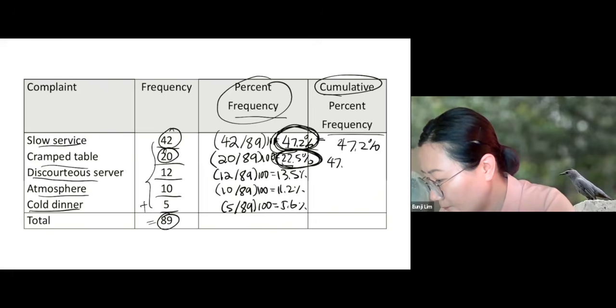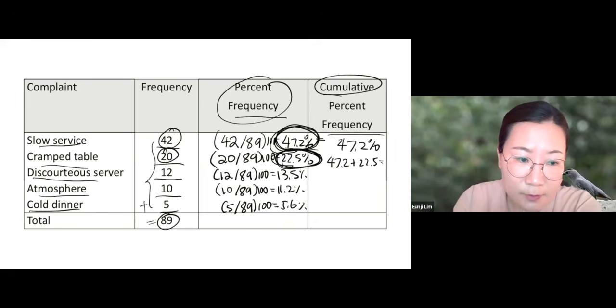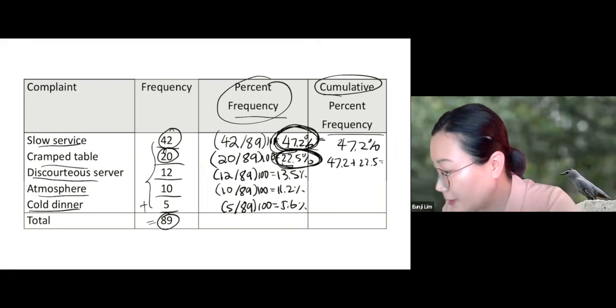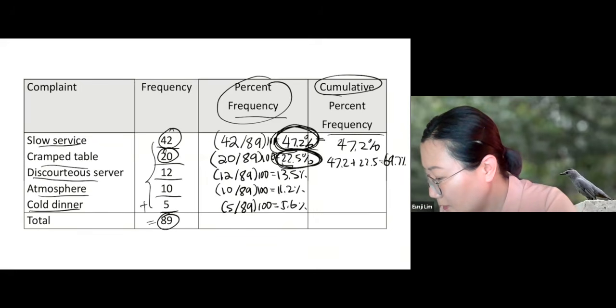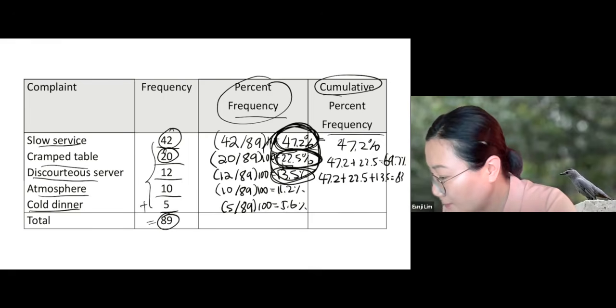So it's 47.2 plus 22.5, which is 69.7. For the third one, the cumulative percent frequency is the sum of all these three. 47.2 plus 22.5 plus 13.5 equals 83.2.